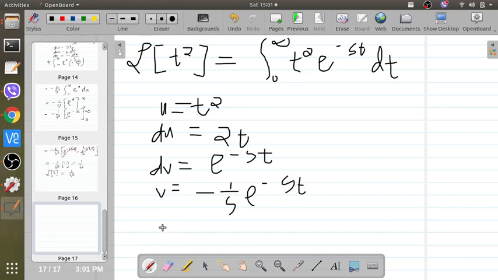So we need to find uv minus integral of v du.